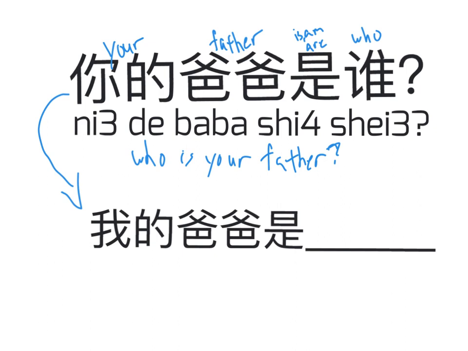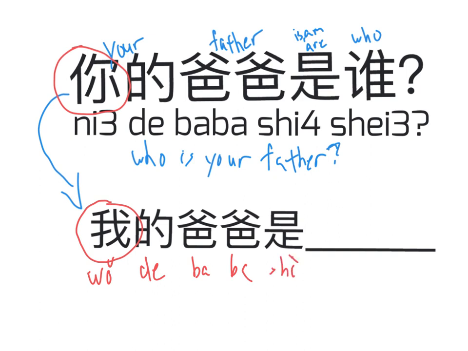For the question, 你 is being used, but for the answer, you have to use this character, which is 我. So 我的爸爸是. Okay, 我的 is my, father is, and then the name of your father.